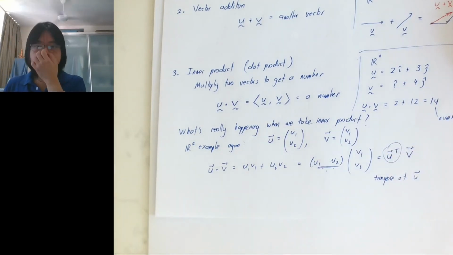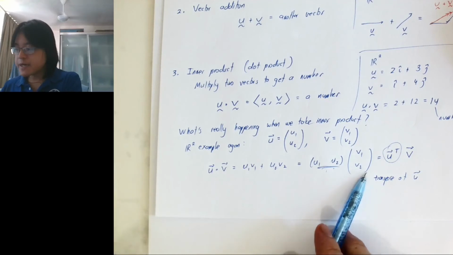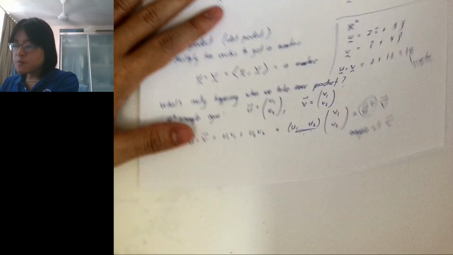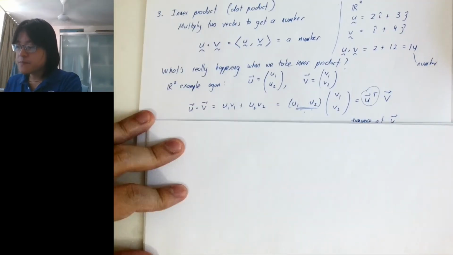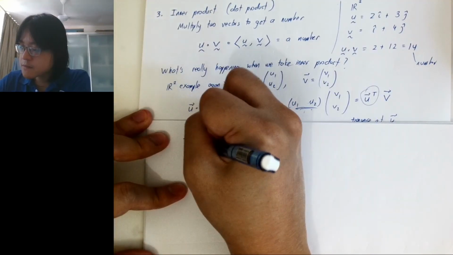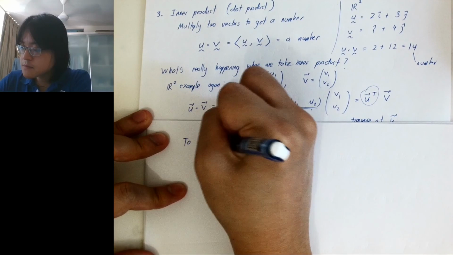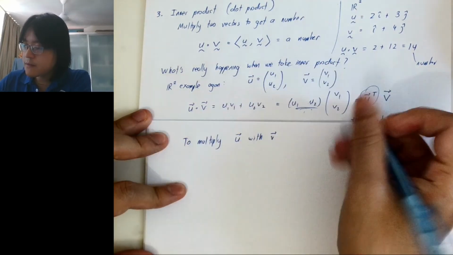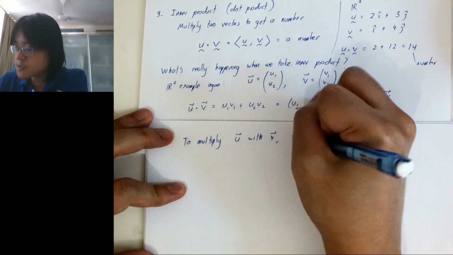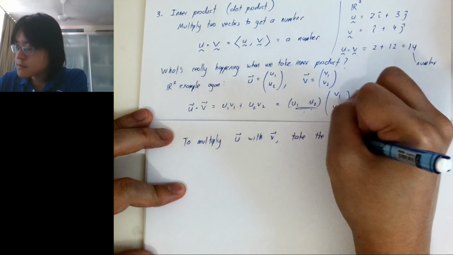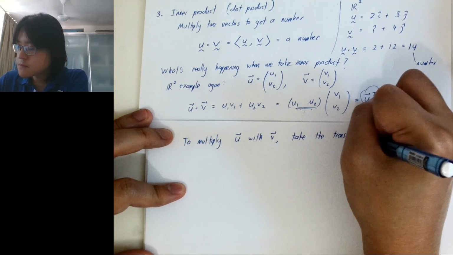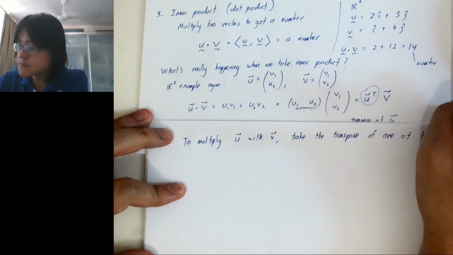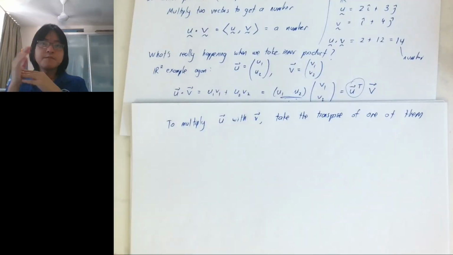Okay, so what is really happening, right? If I want to take two vectors and multiply u with v, we take the transpose of one of them, and then you do the multiplication.